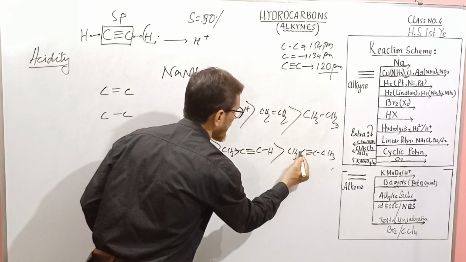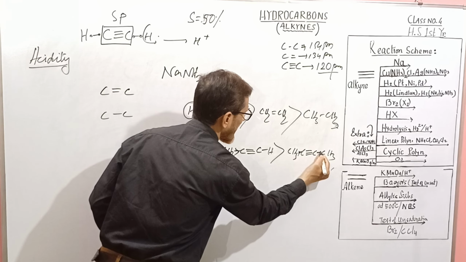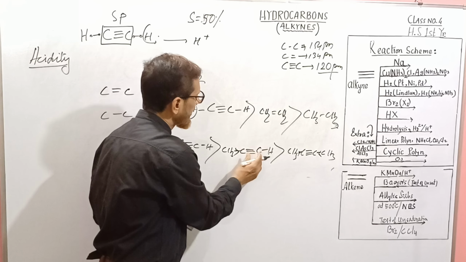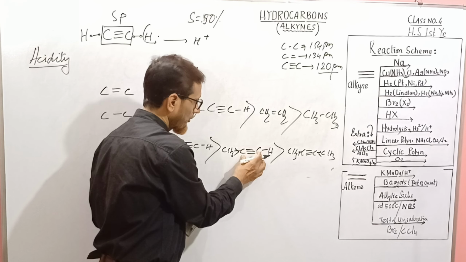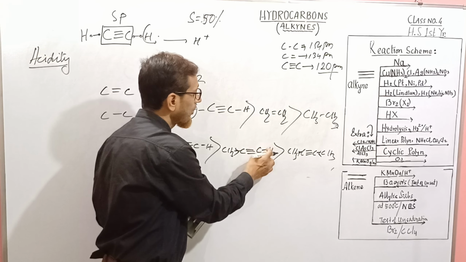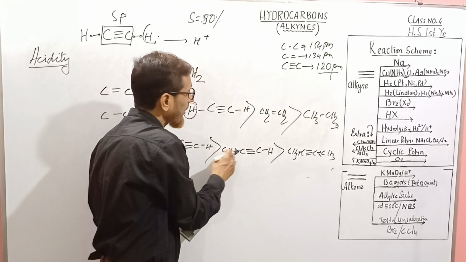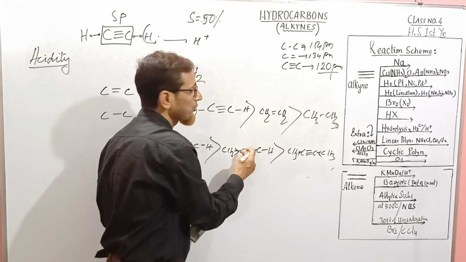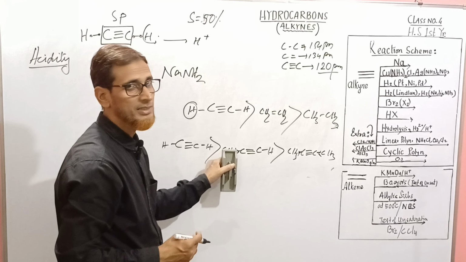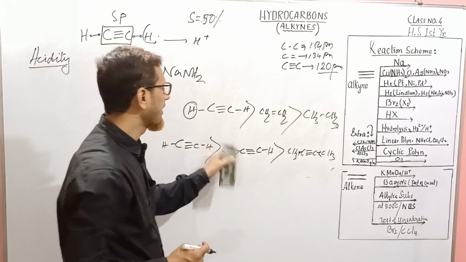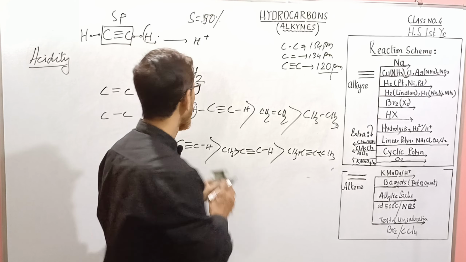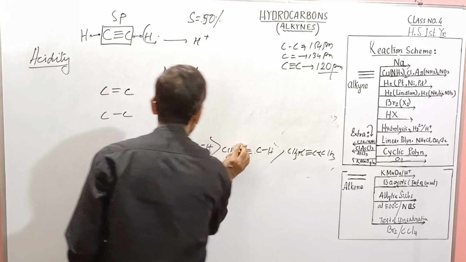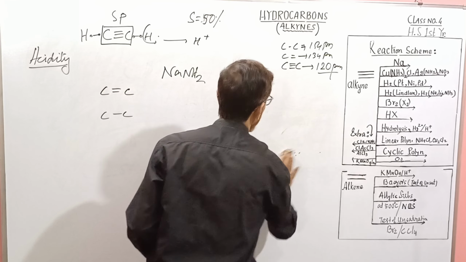You will get in GOC that the more the plus I effect, the less the acidity, because this group pumps electrons and this unit will attract the bond pair of C-H towards itself less. Since it is pumping electrons towards this, the bond pair attraction will be hampered, and the more the plus I effect, the less is the electronegativity. Am I right? So we have seen that acetylene or ethyne is acidic in nature.